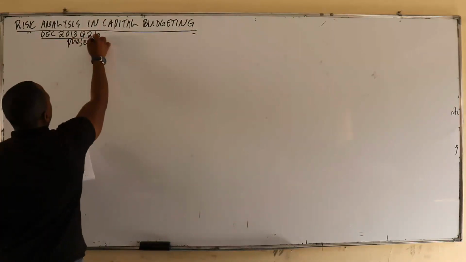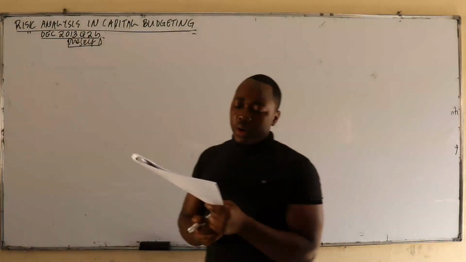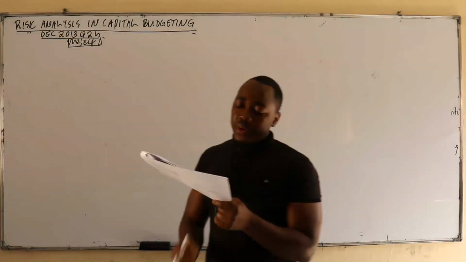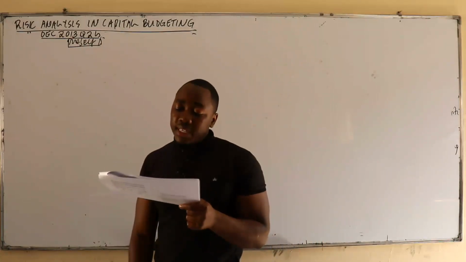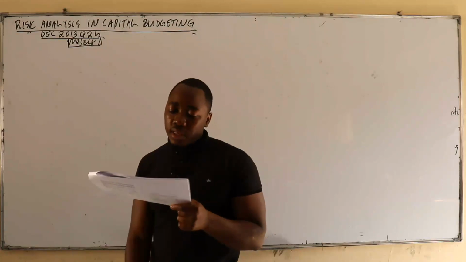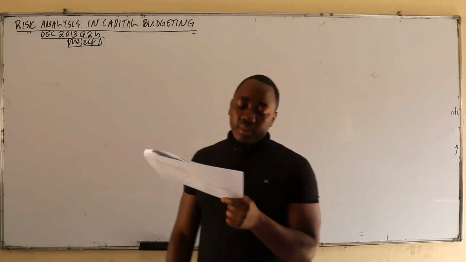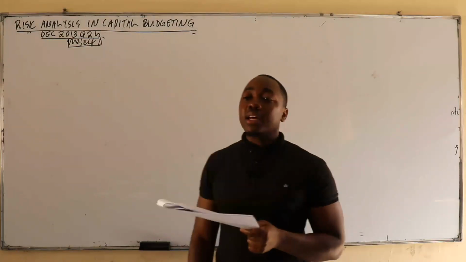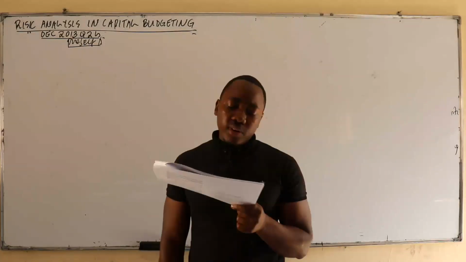Project A. You are told that this project will require an initial investment of 50 million. The estimated annual net cash inflows over the next 5 years under the 3 states of nature are as follows. So it's an annuity.